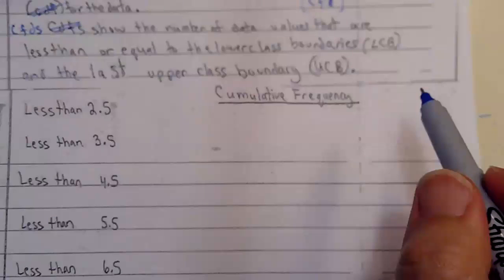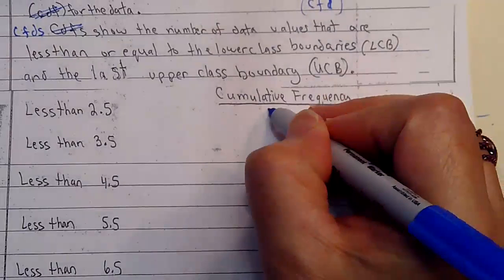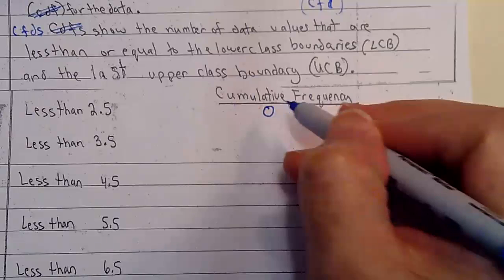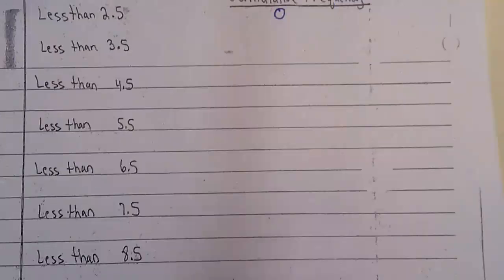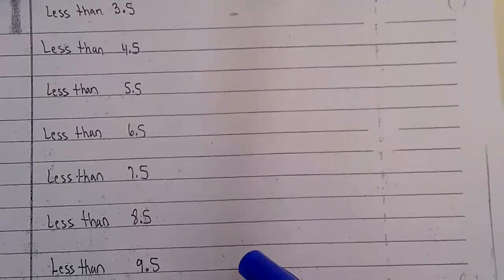Okay. So then again, when I kick these off, I always kick it off at 0. Okay. And I'm gonna do this cumulative frequency. And remember, when I'm done, the last number should reflect 20.